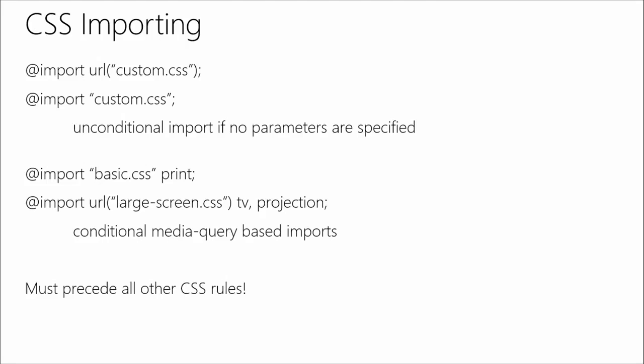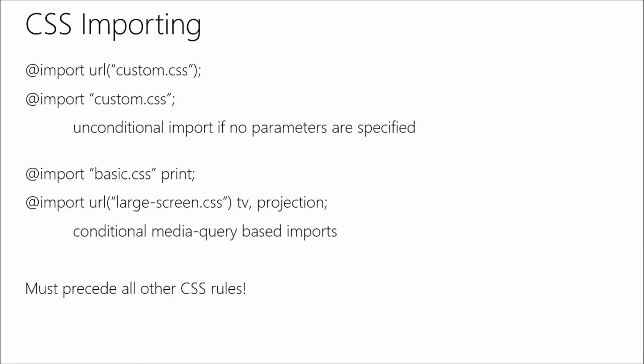CSS importing goes hand in hand with media queries because the only parameter that you can really put in to import other CSS files are essentially media queries. When I say import CSS, I mean within your CSS file, you can call out to another CSS file and include all of those components inside. It's really important to put these at the beginning of your CSS file.